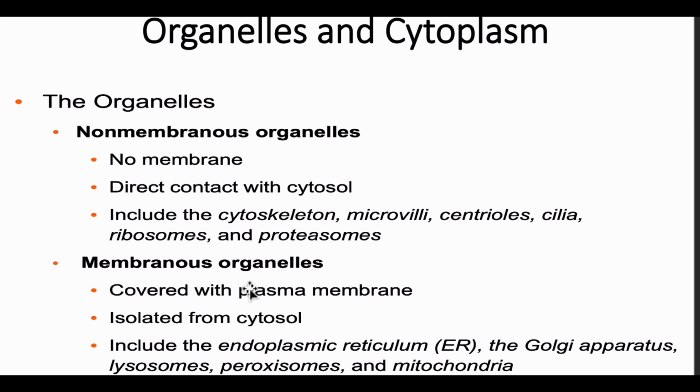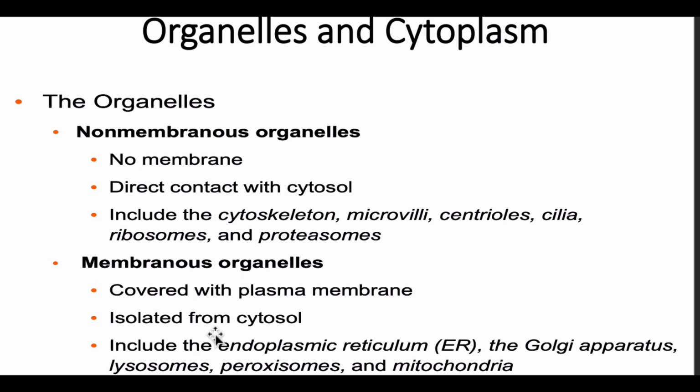Moving along to the membranous organelles. As the name implies, this is an organelle that is surrounded by a membrane, a plasma membrane, and they are isolated from the cytosol. So they're not in direct contact with the cytosol; the membrane is.